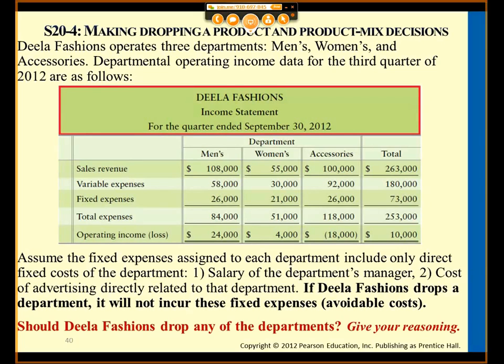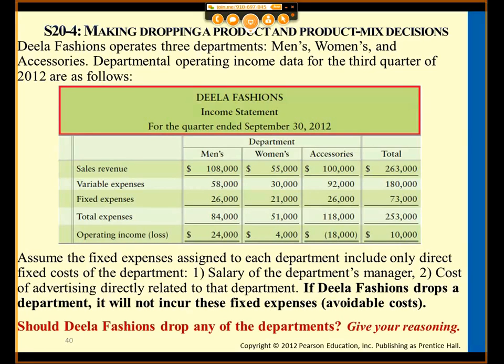So let's answer this question. Should Dealer Fashions drop any of the departments? So do we need to do some calculations? Do we have maybe a change in revenue? Maybe change in expenses?